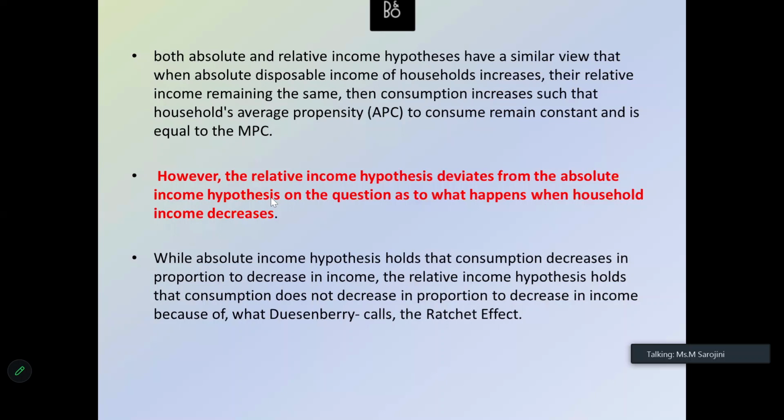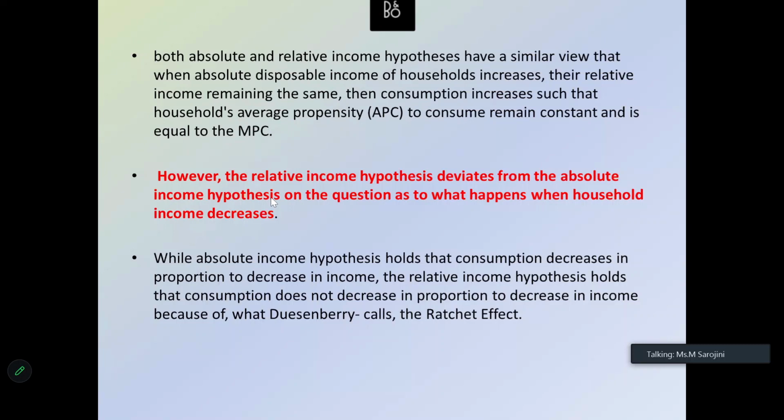While the absolute income hypothesis holds that consumption decreases in proportion to the decrease in income, the relative income hypothesis holds that consumption does not decrease in proportion to the decrease in income because of the budget effect or the demonstration effect.